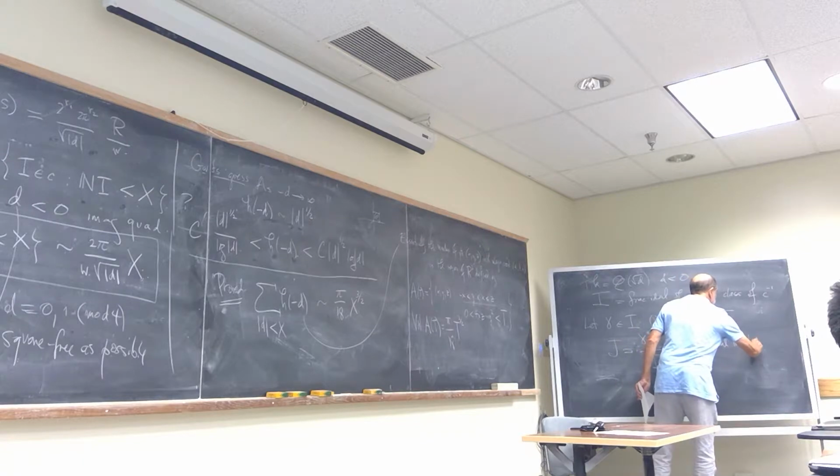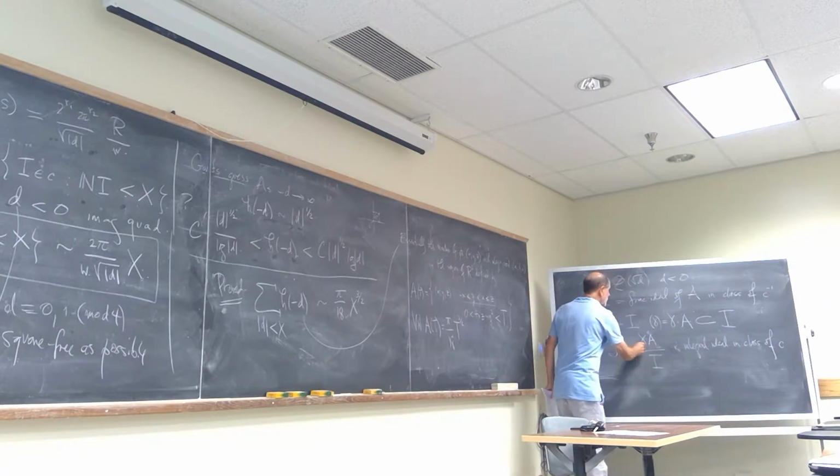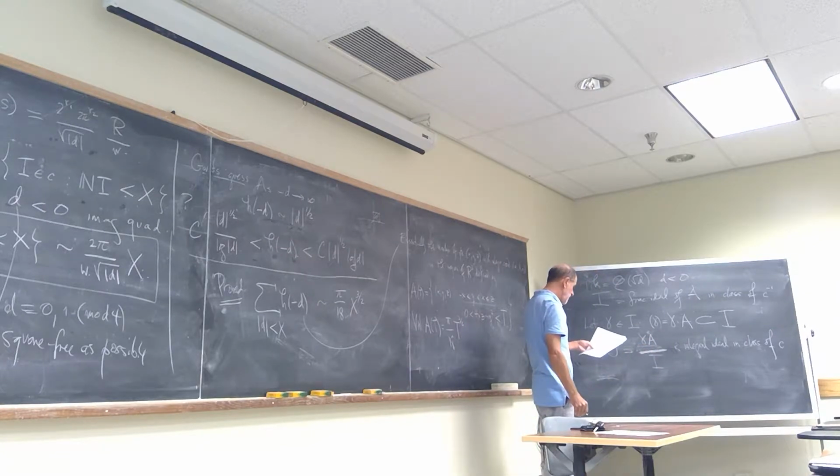In the class of C, because this is a principal ideal, that's in the trivial class, and we've divided by an ideal in the class of C, so we end up in the class group going from C inverse to C. Okay?